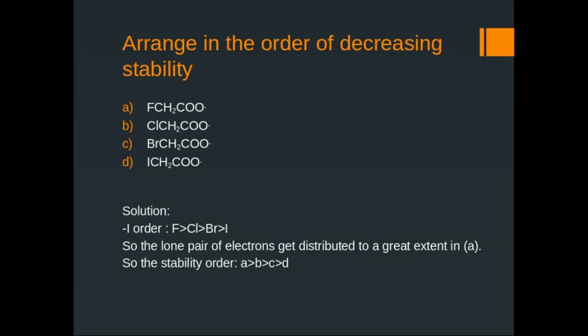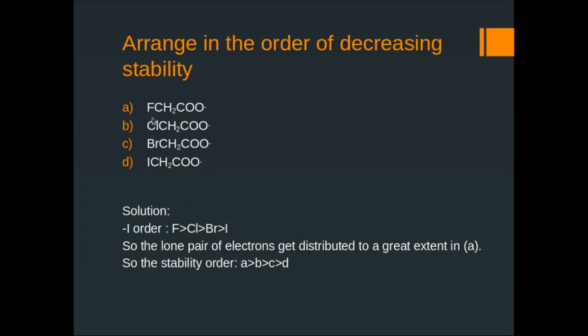So always in this type of question, if the minus I effect is the only key factor to decide, then fluorine should be taken as the first priority. So here you can see that the stability order is this.